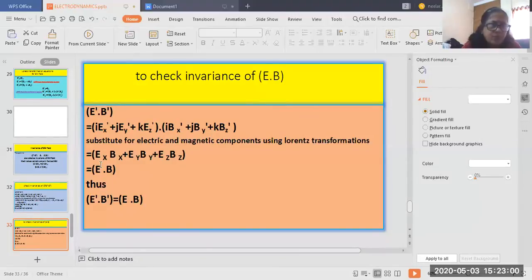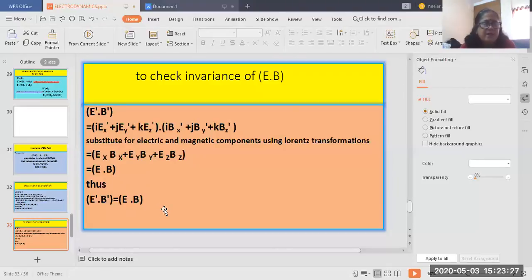Okay. So i dot i means it is Ex Bx, j dot j is Ey By, k dot k is Ez Bz. So now what is this? This is nothing but E dot B. You can see the primes have gone. Fine. So now we started with E dash dot B dash and ended at E dot B. So that is why this is the identity.